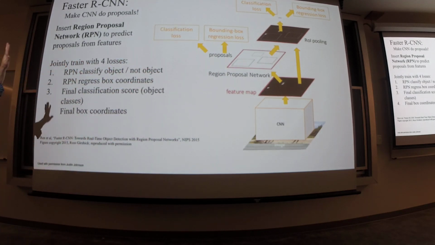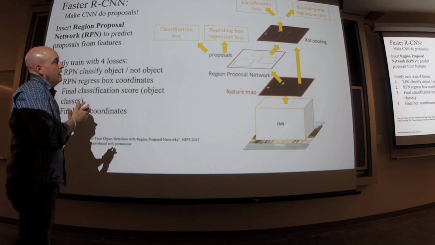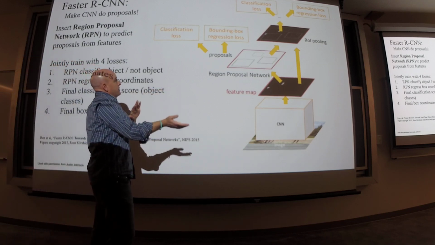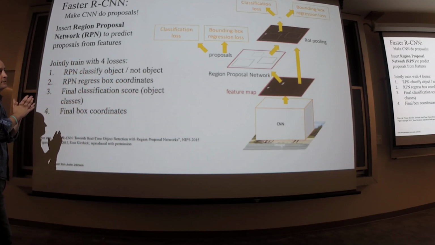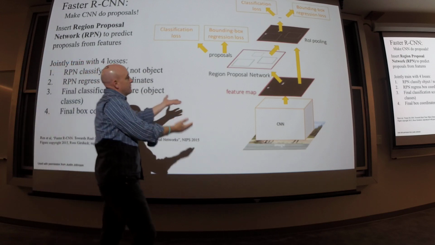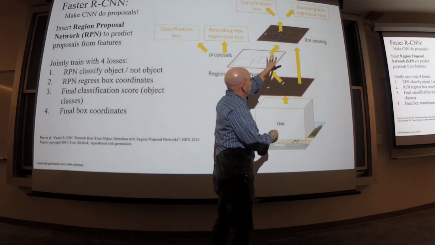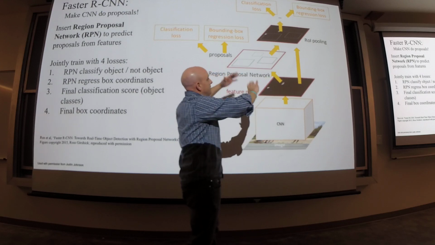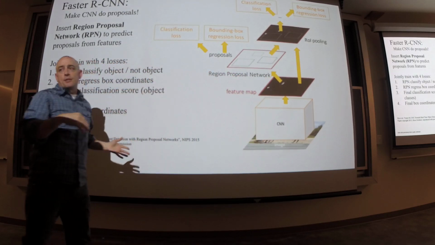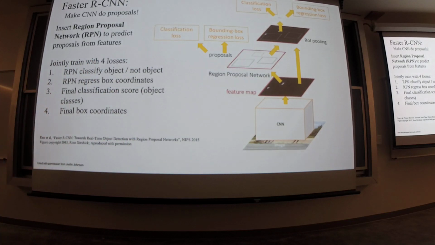So there's also a classification loss for what's in the proposed region, and a regression loss for proposing the bounding boxes. Whatever's produced by that network is then used to propose the regions of interest, and then you do the pooling, and the rest of the network is the same as before, Fast RCNN.